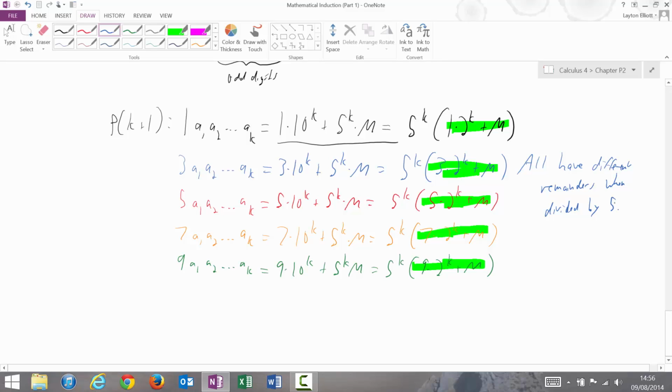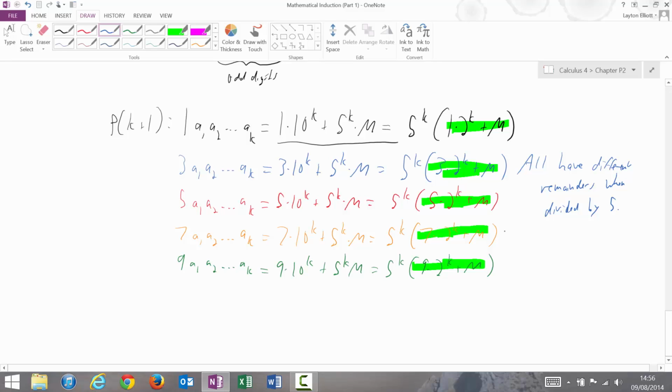Because I've factored the 5 to the k out, and what I have is that they're all being added to some number, but one is 1 times a number, one is 3 times a number, one is 5 times a number, one is 7 times a number, and one is 9 times a number.